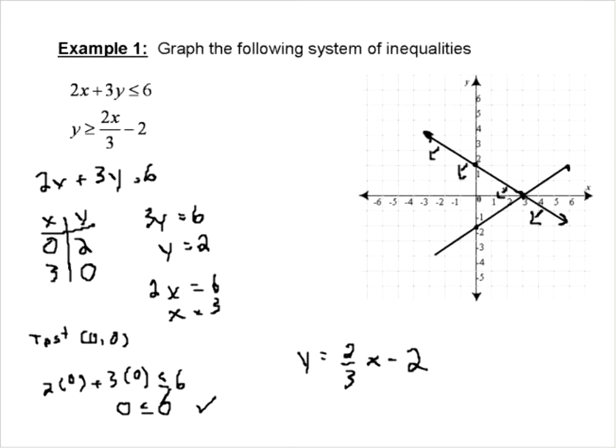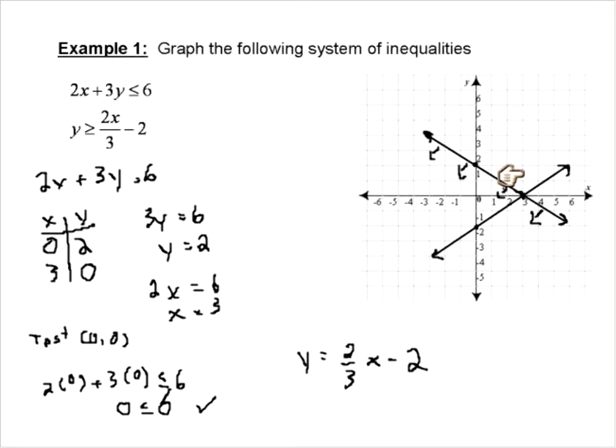Now, once we have our inequality, remember, we always want to determine what side of the line to shade on. Now, here's something that's really nice. If we have y is greater than or equal to, and it's in this form, y equals mx plus b, the greater than or equal to tells you that it's always above the line.